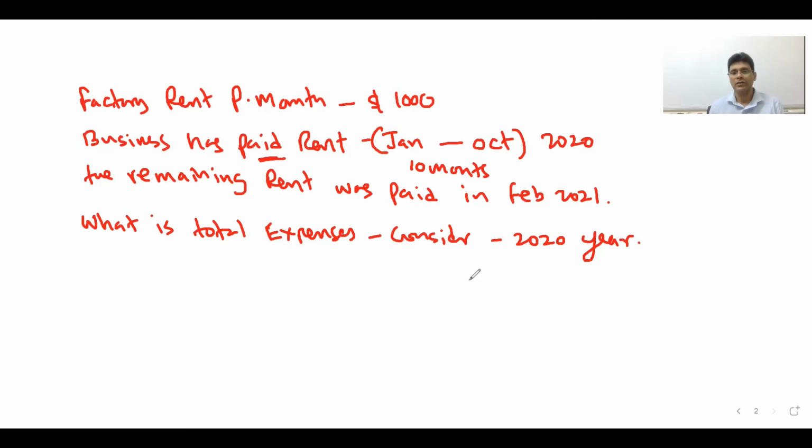When you take 2020 from January to December, there are 12 months. However, the business has paid the rent only for 10 months, which means 2 months rent was not paid.